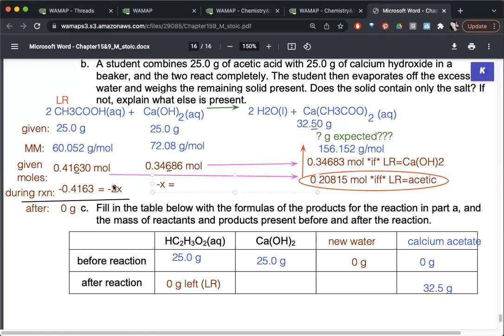It's half of that. 0.2. 4-1. Oh, we have it. It's 0.208. So that's how much reacts. We're subtracting that.